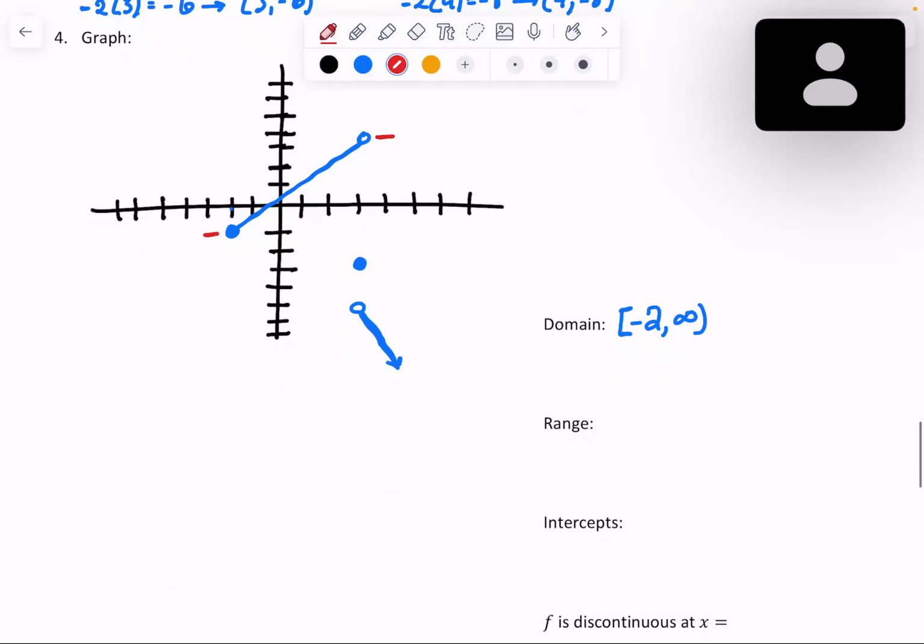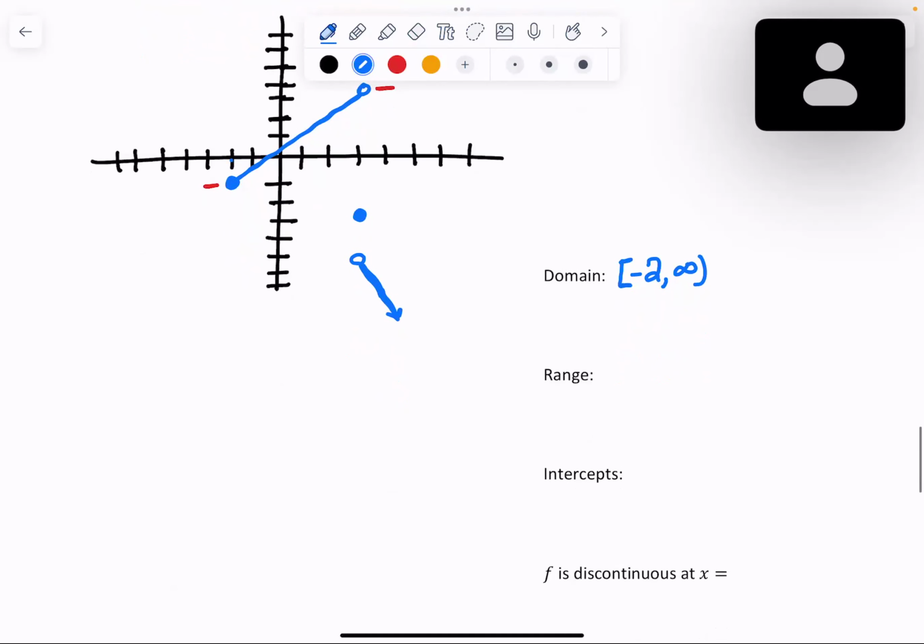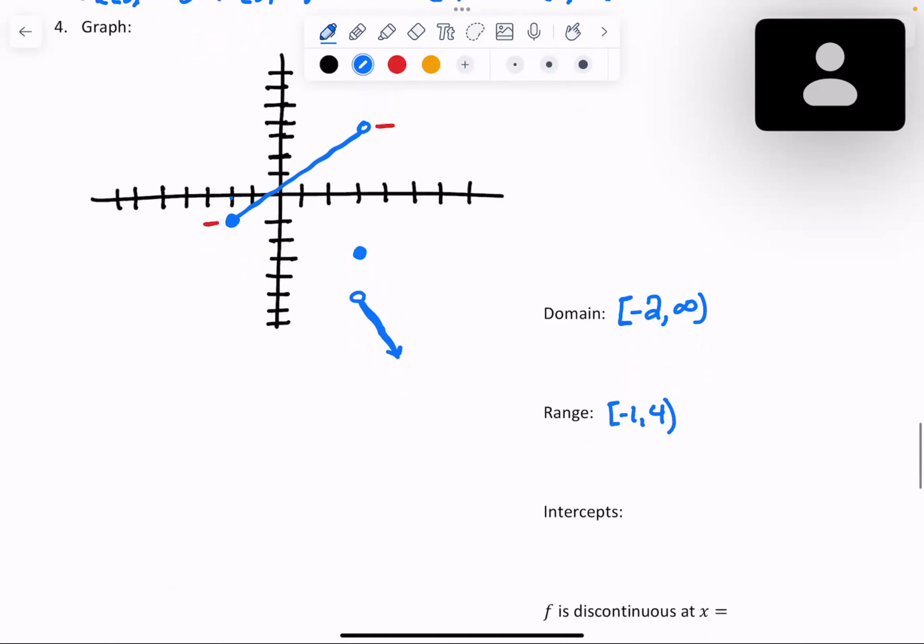So that's from -1 to 4, but not including 4, because there's an open circle. So -1 to 4, with a parenthesis around the 4, because we can't include the 4 because there was an open circle.